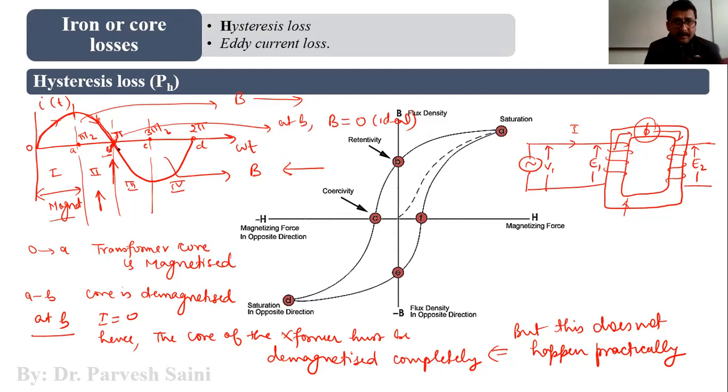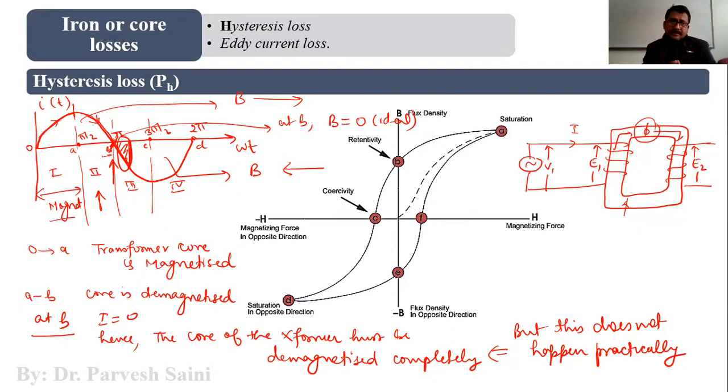Means for this negative half cycle, for a certain part, the direction of flux remains the same. So that means some part of the negative half cycle is used to bring that residual flux of the core to 0 and magnetize the same core in the opposite direction now.